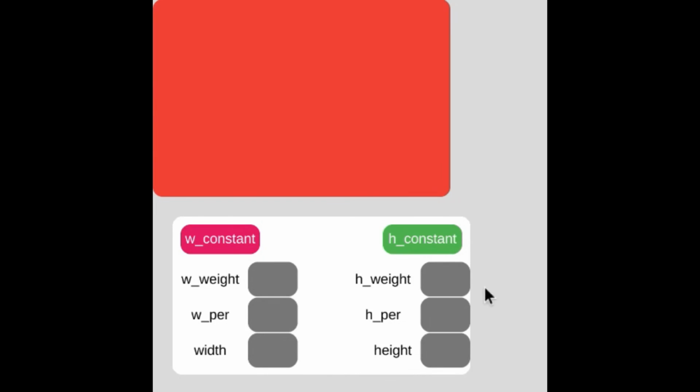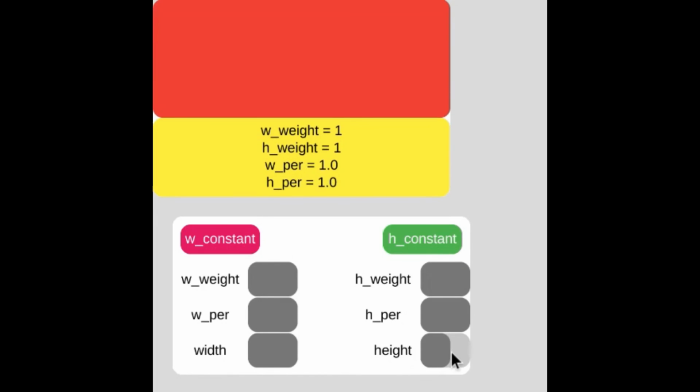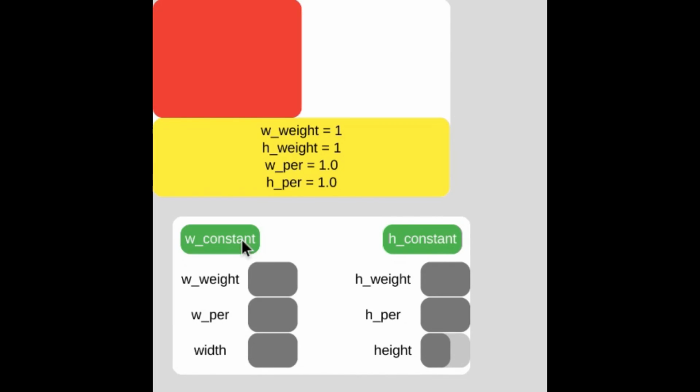Again, if H constant is true, then the height is affected by the static height property only, and the width of the first cell is still affected by the W per property only. Now if H constant and W constant both are true, then the width and height both are affected by the static width and height property only.